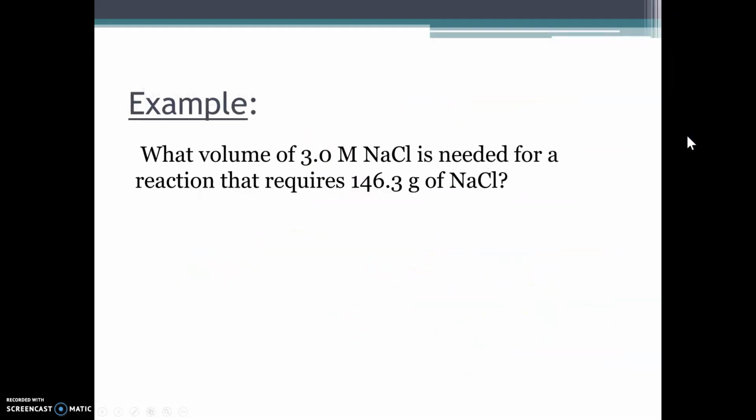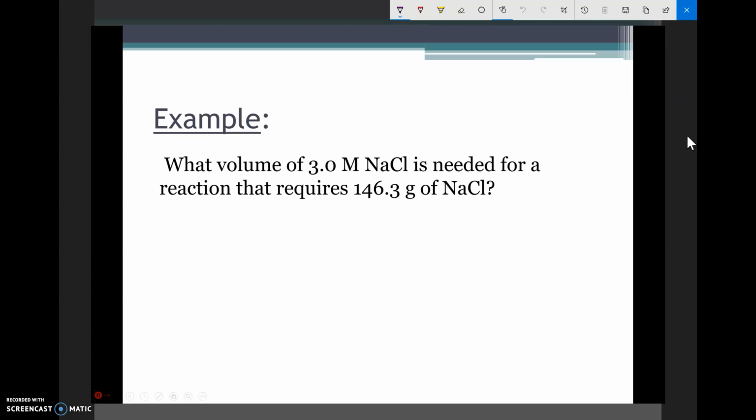Okay, let's do another example. What volume of a 3 molar, so instead of saying molarity, a lot of times I'll say molar, 3 molar NaCl is needed for a reaction that requires 146 grams of NaCl? Oh, and I forgot my volume. So question mark equals volume.